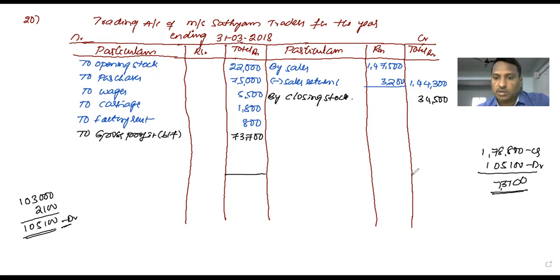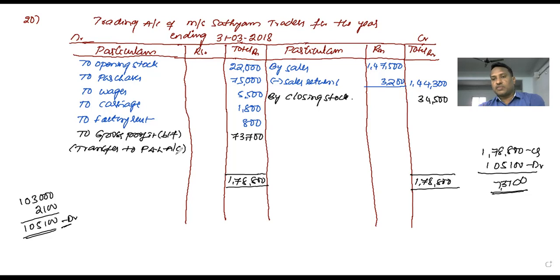Now the total of both sides is 1,78,800. This gross profit is transferred to the profit and loss account, the next stage of the final accounts. The result of the first statement we carry forward to the second statement of the final accounts.